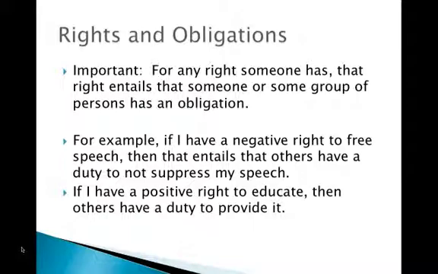That entails that other persons have a duty to not suppress my speech. They have a duty to respect that right to free speech. On the flip side, if I have a positive right to education, others have a duty to provide it: the state, the taxpayers, whatever. So anytime someone has a right, that tells us that someone or some other group of persons has an obligation. That's just how it is with rights.